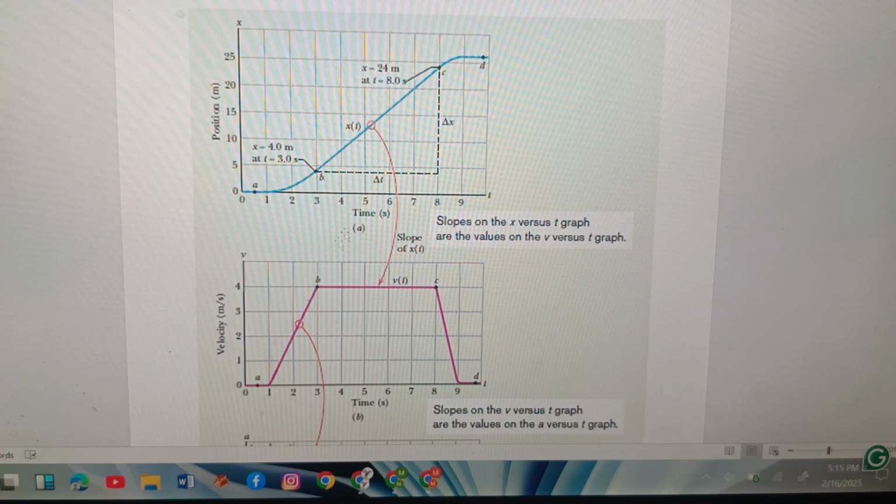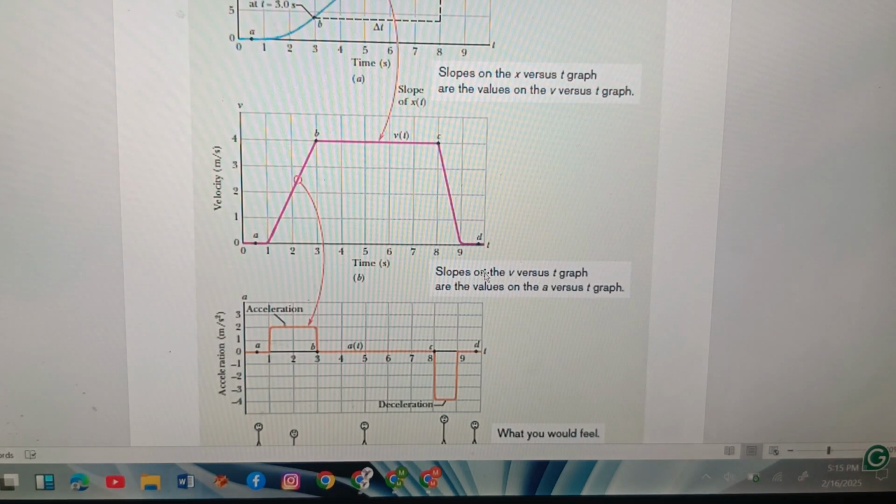So the velocity is decreasing. Again, you can take two different values of time from C to this point, and we can see that our velocity is decreasing, so it will stop after some time. Now at point D, the elevator cab will stop and be at rest.